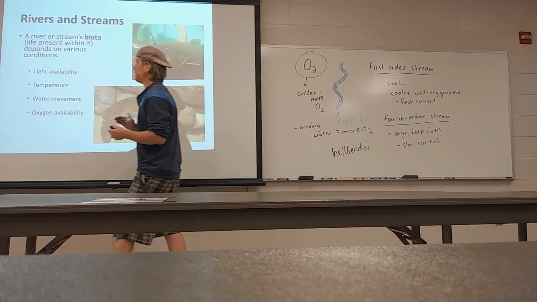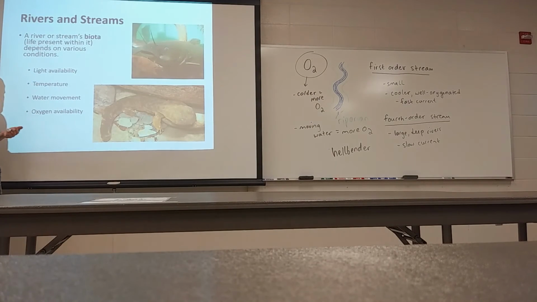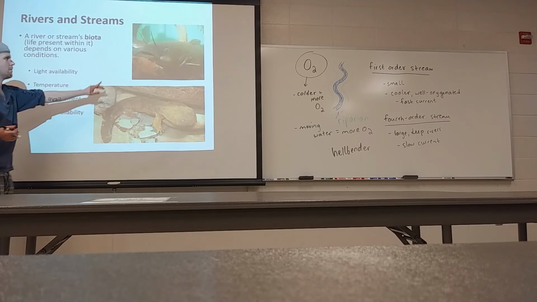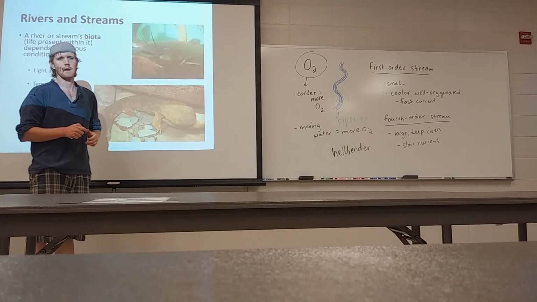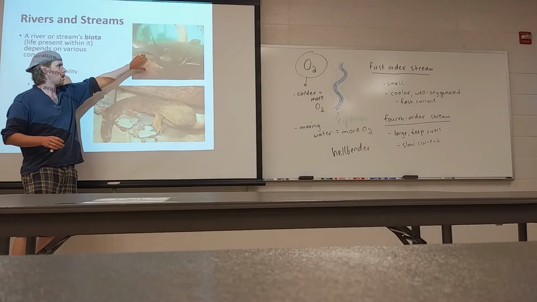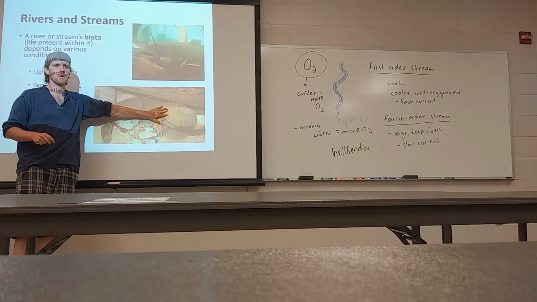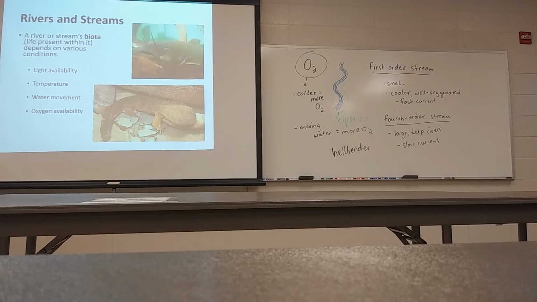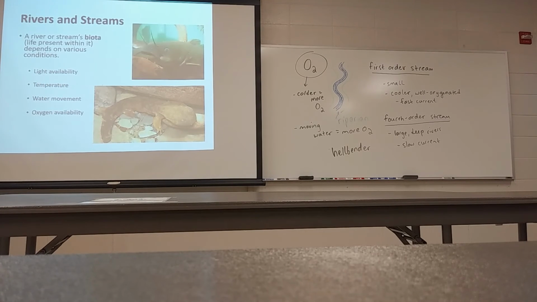So if you have a farm pond with almost no water movement, totally stagnant, it gets really hot, and there's a ton of algae growth, so there's very little oxygen availability at all, you'll probably still have bullheads because they can tolerate very low amounts of oxygen. In stark contrast to what our hellbender requires, these guys tolerate very different environmental conditions.